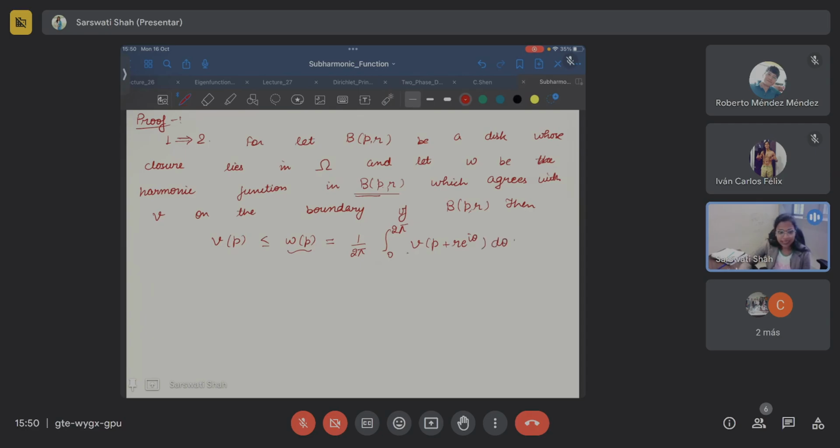We are basically taking the extension because V was defined from omega to R, and this B(P, R) is a disk that is contained in omega. So the mean value at P can be written like this, or you can also write it as the extension of this function on the whole domain.